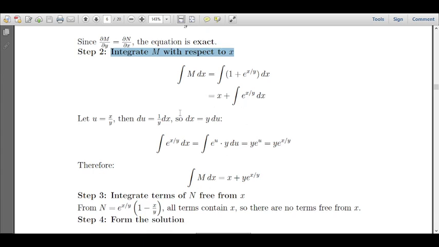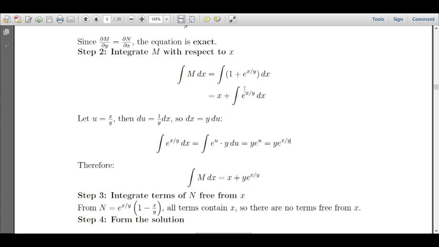For your clarity, I am taking the exponential: let u equal x by y, then du equal to 1 by y dx, and so dx equal to y du. Therefore integral e power x by y dx equals integral e power u into y du, which is y e power u, so y e power x by y.